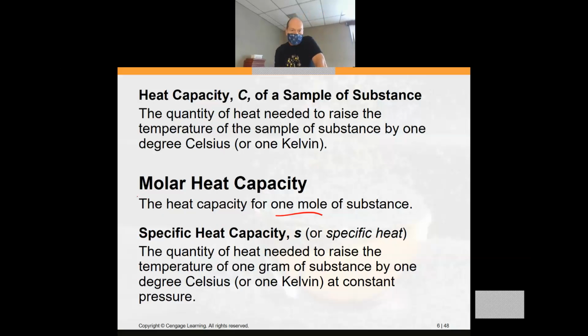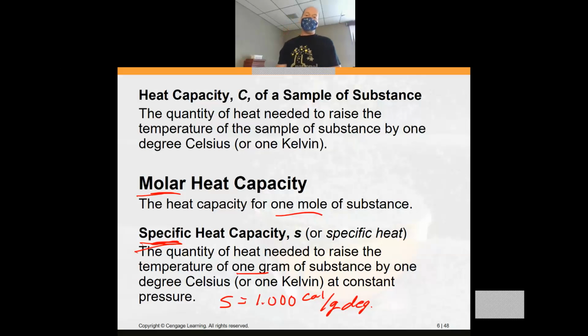When you're doing specific heat, that is per gram. And so your specific heat is S. And for water, it is 1.000 calorie per gram degree.